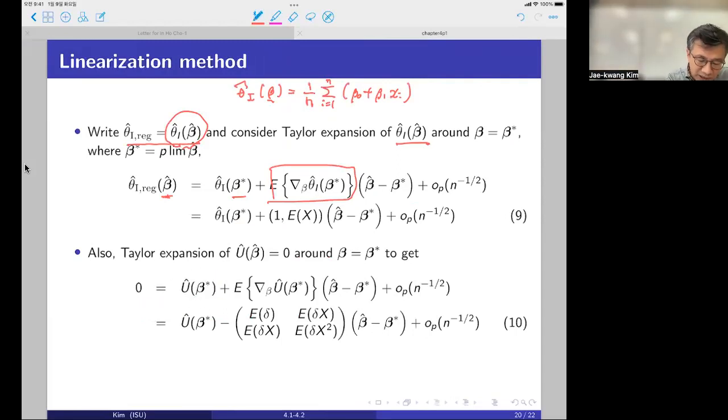So we have this one, right? We have this one, and then take the Taylor expansion. That's exactly the same technique that I used for proving lemma 4.1 that I just did. So you do that. Then what?